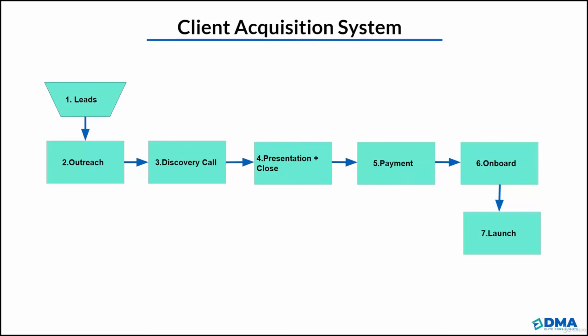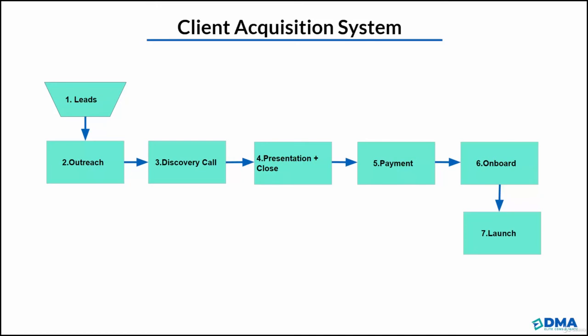And then step two, this is where we're outreaching to the businesses. We're asking them if they can take on more customers, more patients. When they respond back and they say, yes, I'm interested, then the next step is getting them on a discovery call, learning about their business, finding out what type of clients, customers, patients they want to take more on, and then getting them on a presentation call where we show them our process, our system, as to how we're going to deliver them new opportunities, new leads, new customers, new patients, right?